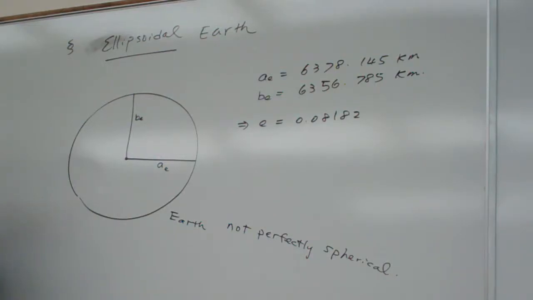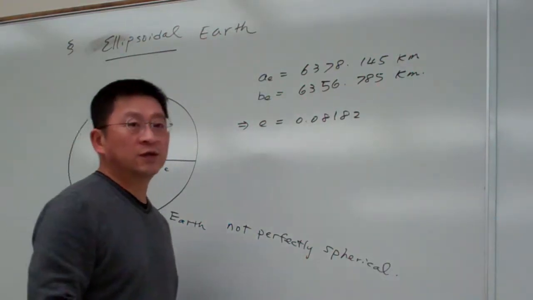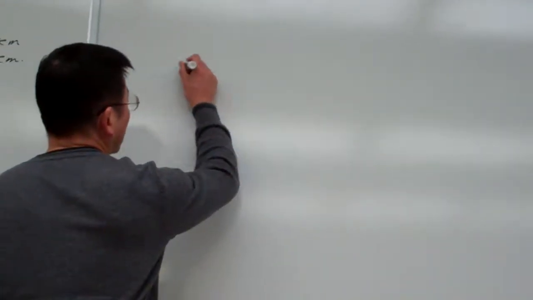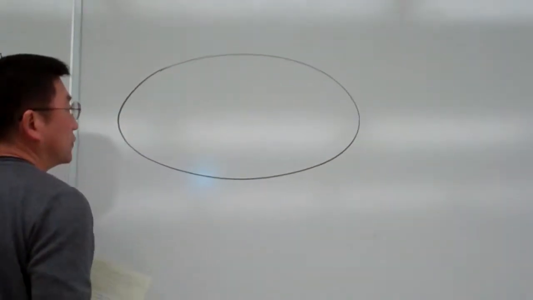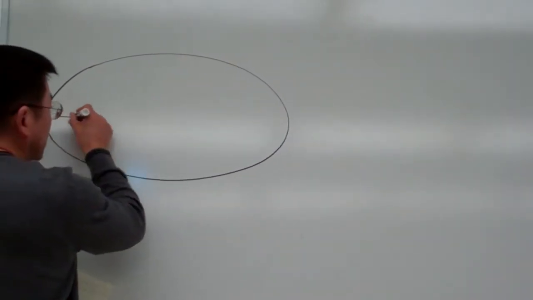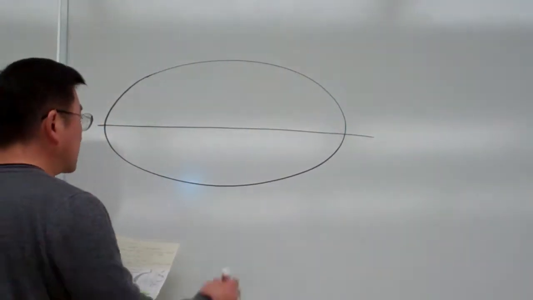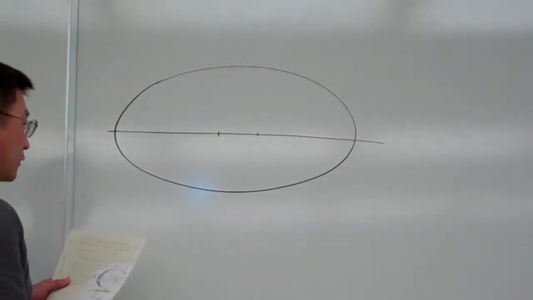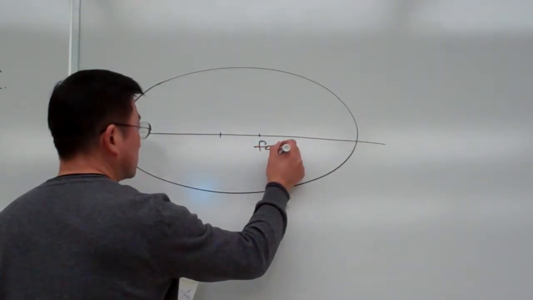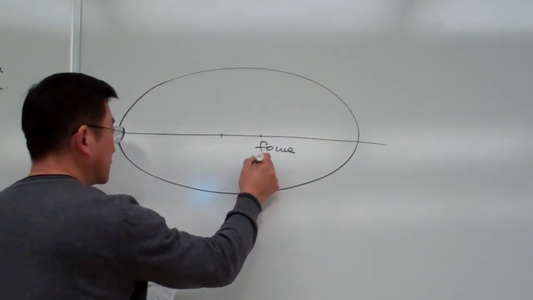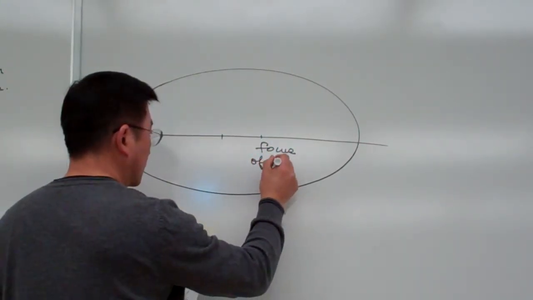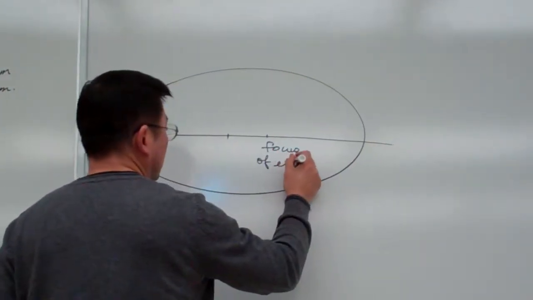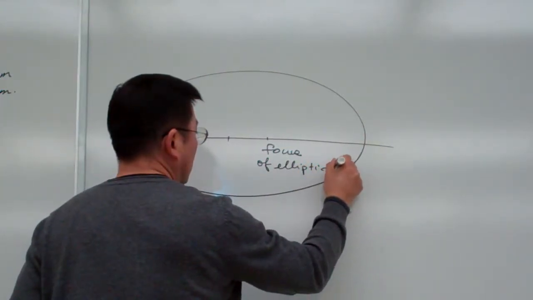and then how to correct our calculations. To that purpose, let me exaggerate the drawing here. So for example, here let me put the Earth, I exaggerate the conditions. This is the center, and this is the focus. We visualize this as a vertical Earth.